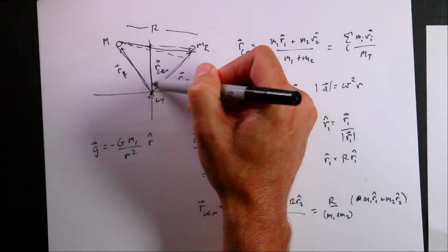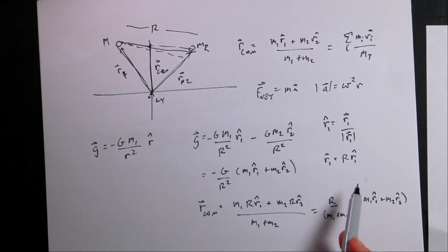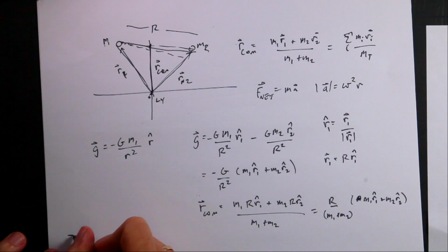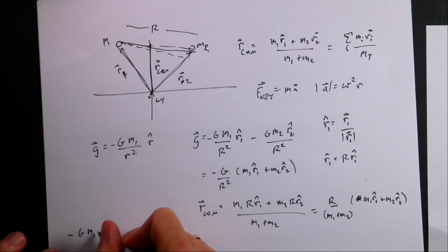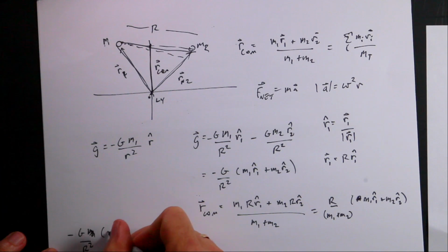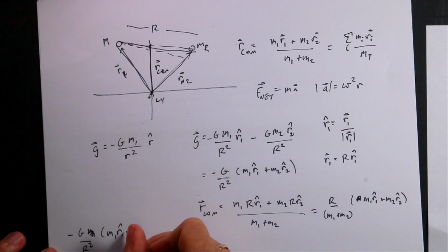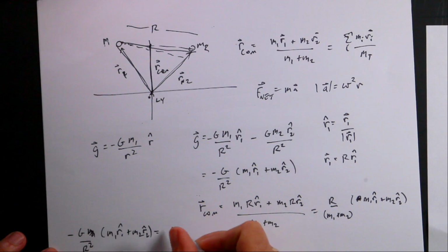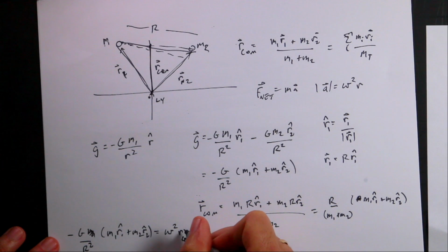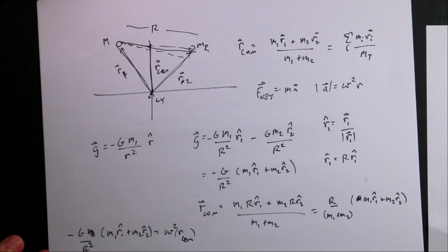What I want to show is that negative G m1 over r squared, pulling it out, m1 r1 hat plus m2 r2 hat, is equal to the acceleration, which would be omega squared times r com, the center of mass, just the magnitude. I want to show that.